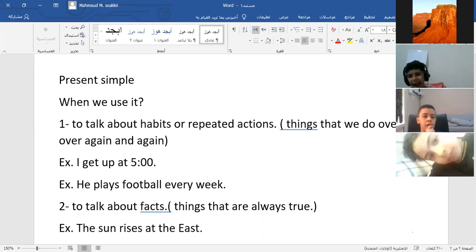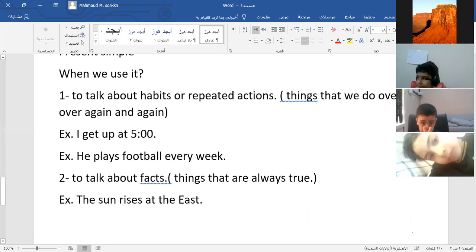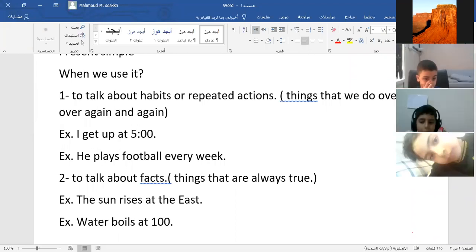This is always true. The sun rises every day in the east. This doesn't change. Okay, let's have another example. Water boils at 100 degrees. This is also a fact. When you heat the water and it reaches 100 degrees, it boils.